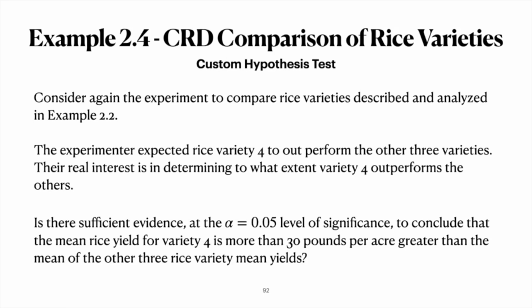Now remember that in setting up the hypotheses for a test, we always put what we're trying to show in the alternative hypothesis. And so in this case, what we would put in the alternative hypothesis is the statement that the mean rice yield for variety 4 is more than 30 pounds per acre greater than the mean of the other 3 rice variety mean yields.